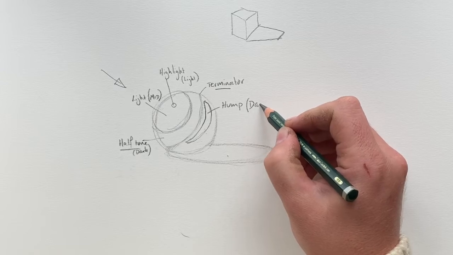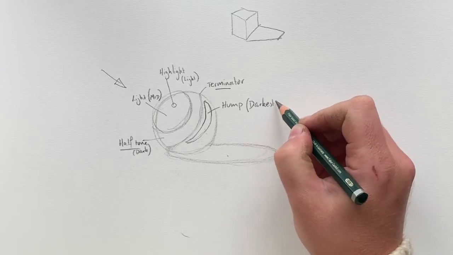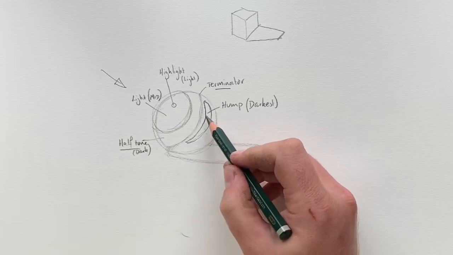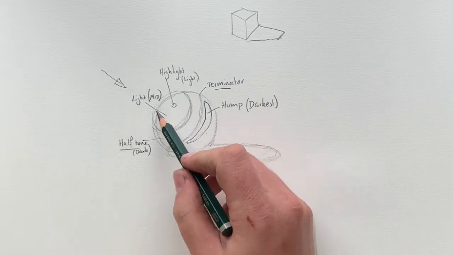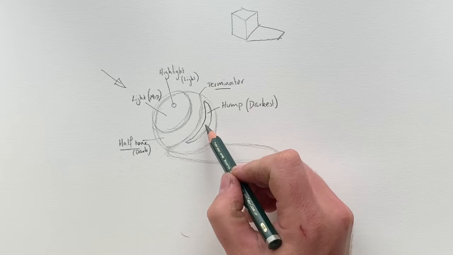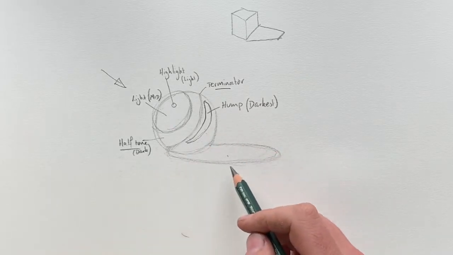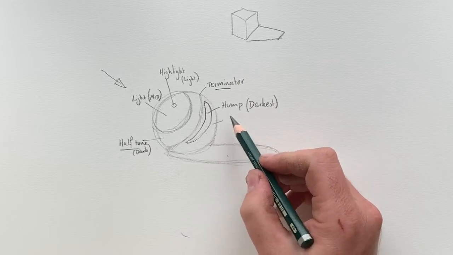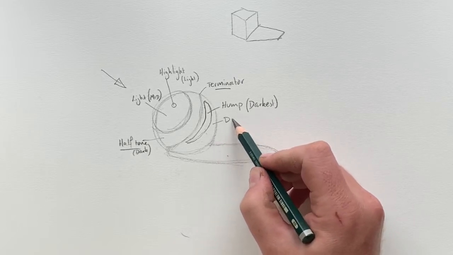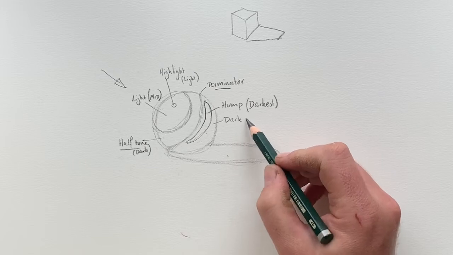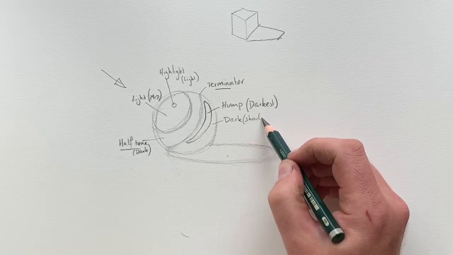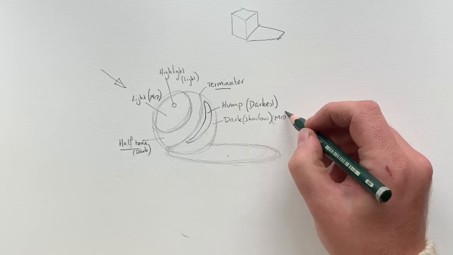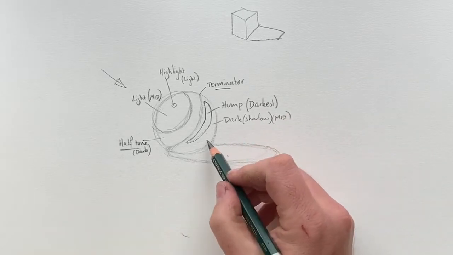This is the darkest part of the form, so no other area on the object itself will be darker than this, but there is an area that is darker again that we'll come to in a moment. The rest of here is called the dark, or the shadow, and that is the mid-toned part of this part of the form.